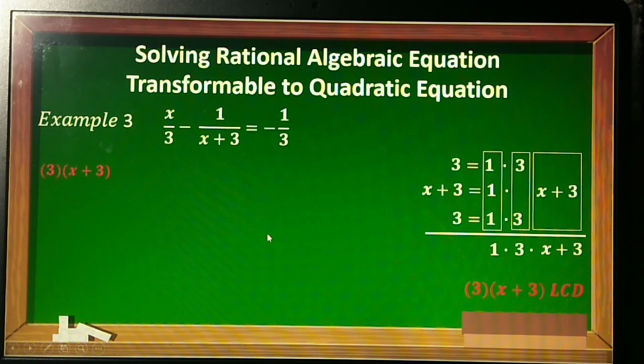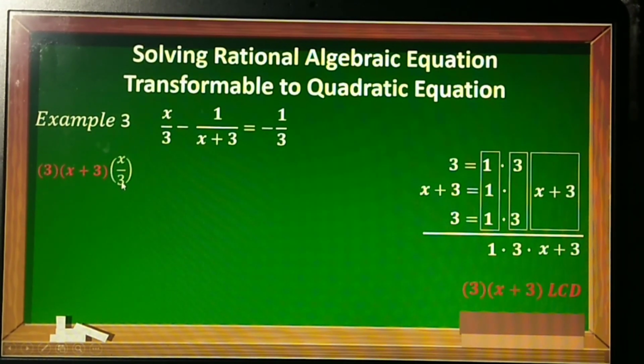Okay, so, i-multiply natin ang LCD sa equation na to, both sides of the equation. So, ito, 3 times quantity x plus 3, multiply natin dito sa x over 3, then minus LCD natin, i-multiply din natin dito sa 1 over x plus 3, is equal to negative 1/3, multiply natin sa LCD ulit. So, same process lang.